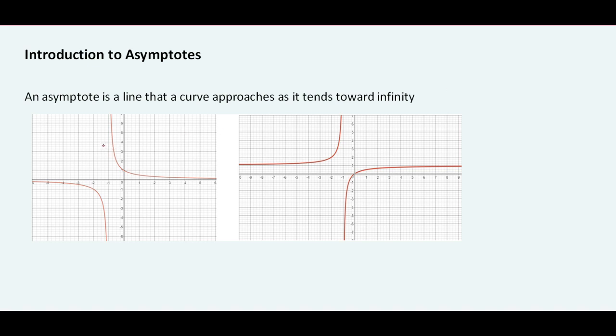If we look at this first graph here, you can see that at this point, where x is -1, if we drew a vertical line, you'll see that this graph tends towards the vertical line here. You can also see the x-axis as an asymptote because the graph doesn't really touch the line, but it gets really close.